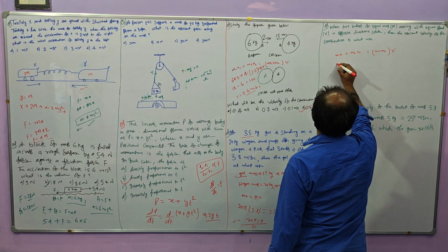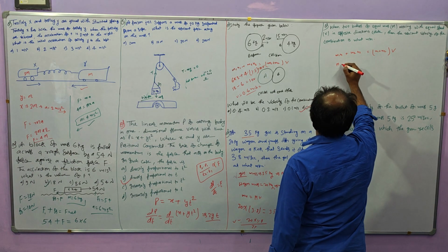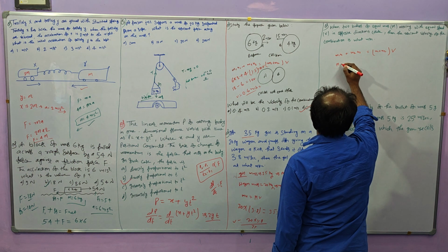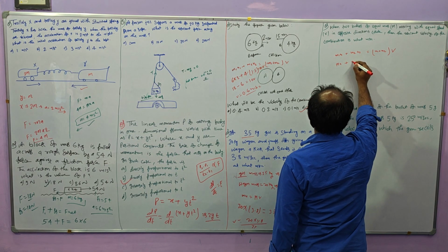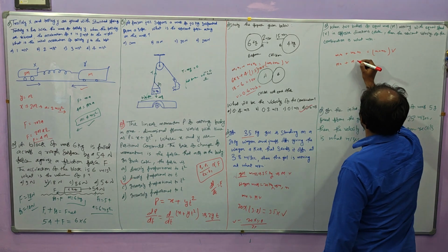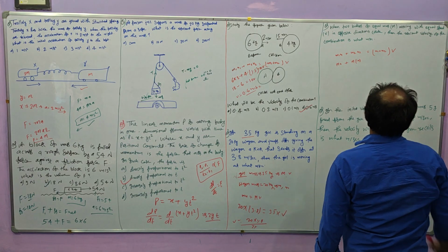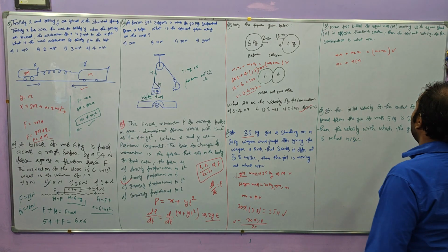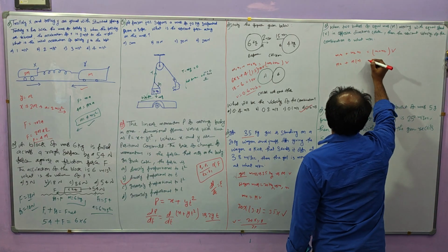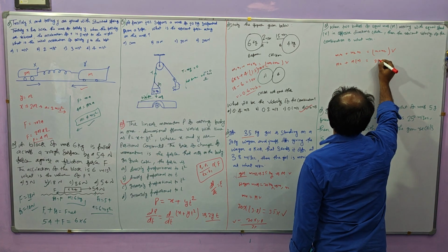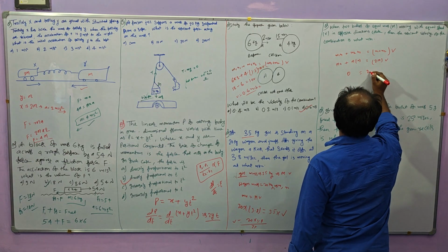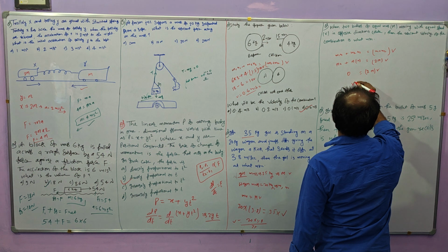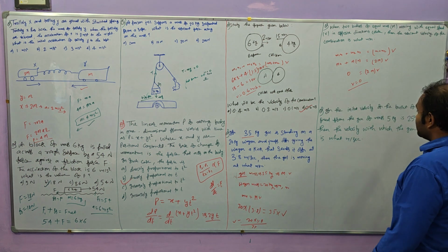So m1 mass is m and speed is u, and m2 mass is m. Both the masses are the same and the speed is also the same, but moving in opposite directions, so we require a minus sign. m1 plus m2 means 2m into v. It becomes 0. 2m into v becomes 0.